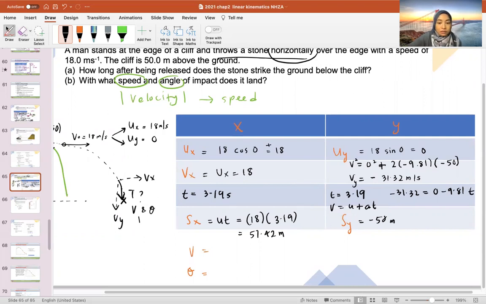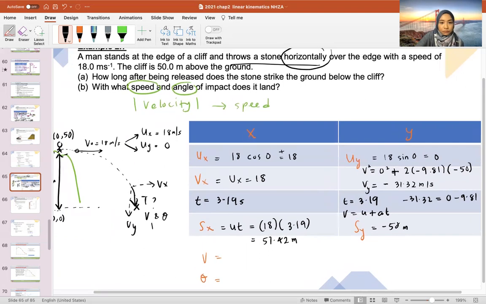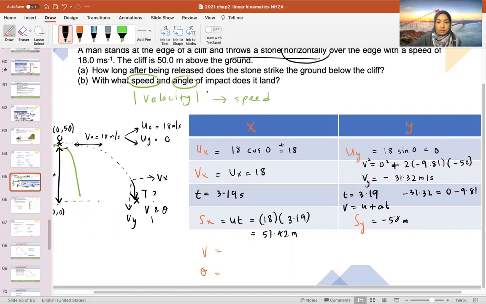Okay. So we got time, we got v, we got our s. So what is the speed and angle of impact? Does it land? So v sama je lah. Okay, we already have our vx and vy. So it's 18 squared plus minus 31.32 squared and square root the whole thing.